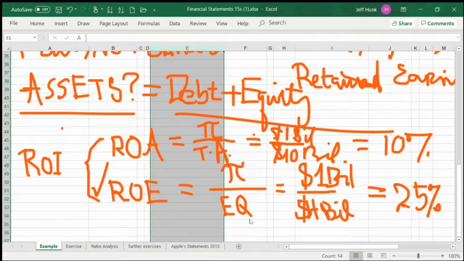And if you're looking at the same company and measure its return on asset and return on equity, because equity is one part of total assets, and the other one is debt, this ratio will always come out greater. Make sense? But then think about it.